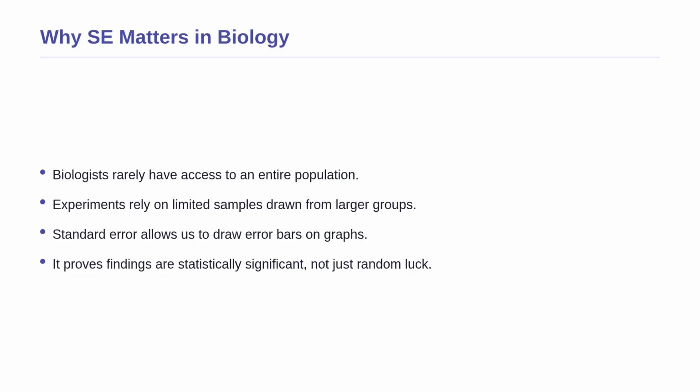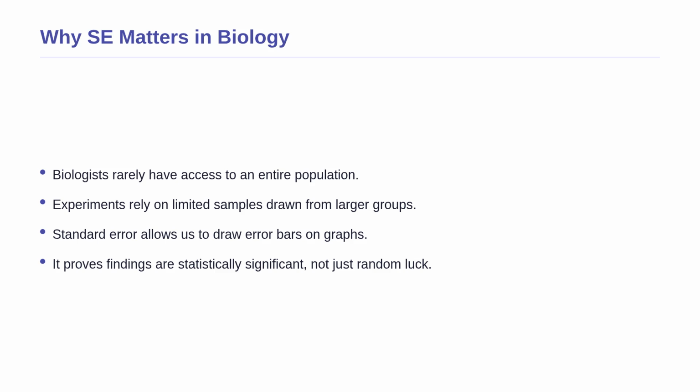Now that we know what standard error is, why is it so vital? In computational biology, we almost never have access to the entire population of a species, a cell type, or a gene expression profile. We are always working with limited samples drawn from a larger population.